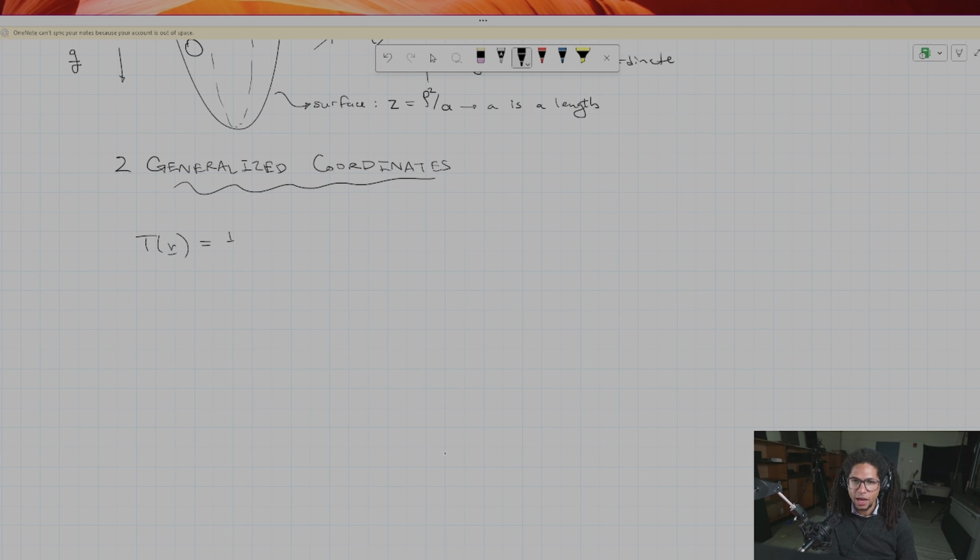Okay, so I get 1/2 m v dot v. But let's remember that if our trajectory is u, then u is going to equal the radial coordinate, which I'll call just u with no underline, in the rho hat direction, plus uz in the z hat direction.